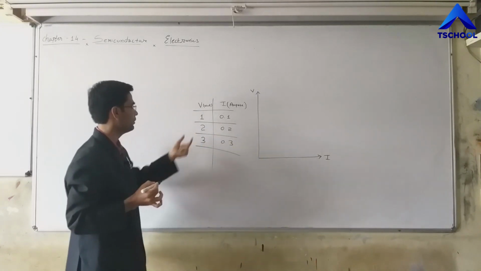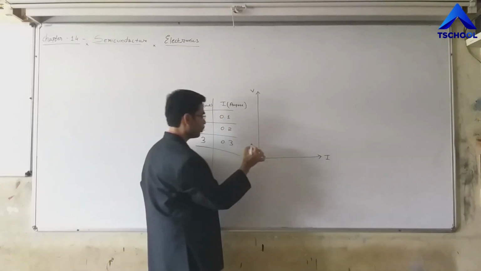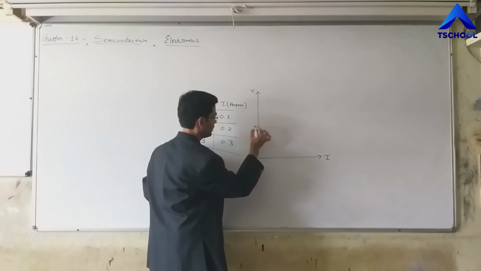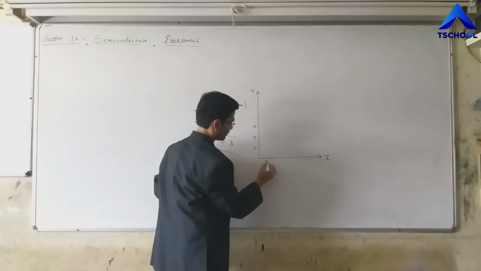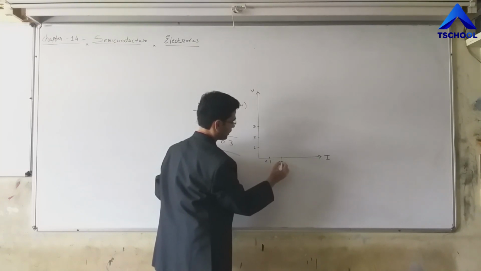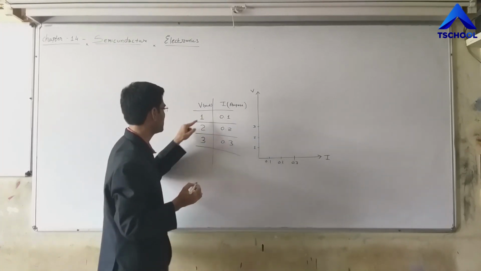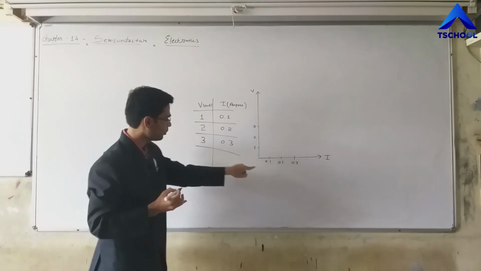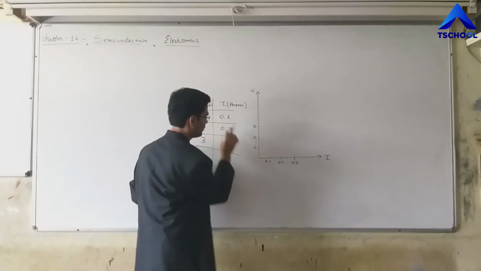Now plot the values of voltage and current in a graph. Voltage V is equal to 1 volt, 2 volt and 3 volt. Current 0.1 ampere, 0.2 ampere, 0.3 ampere. When V is equal to 1 volt, current I is equal to 0.1 ampere, so the point is 1 and 0.1.